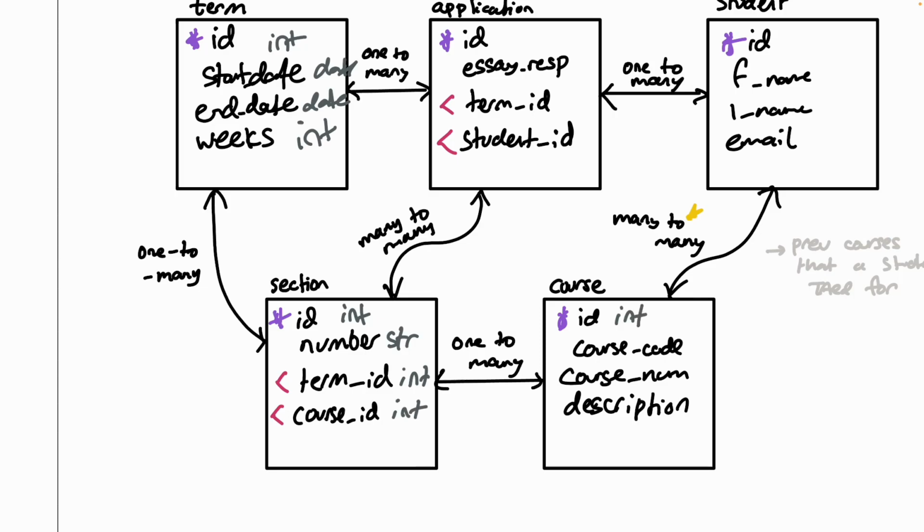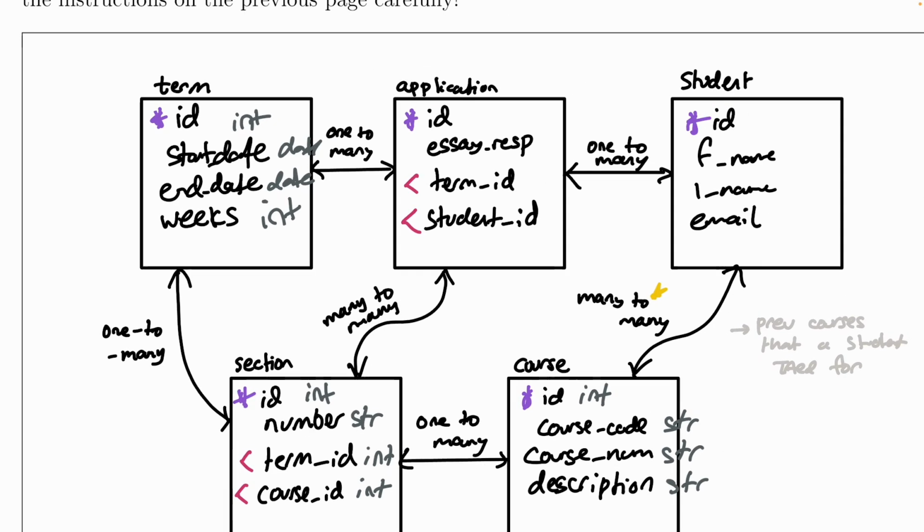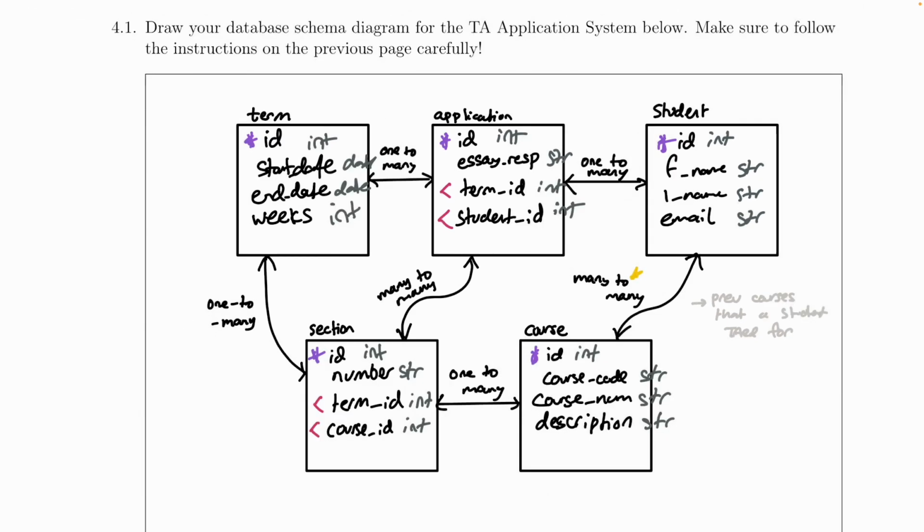We have an integer, string, string, and string. String here for course number for the same reason, although with course number, there's not too many cases where there's a leading zero. Int, string, string, string, int, string, int. There we go. So this would be a valid response to that question.